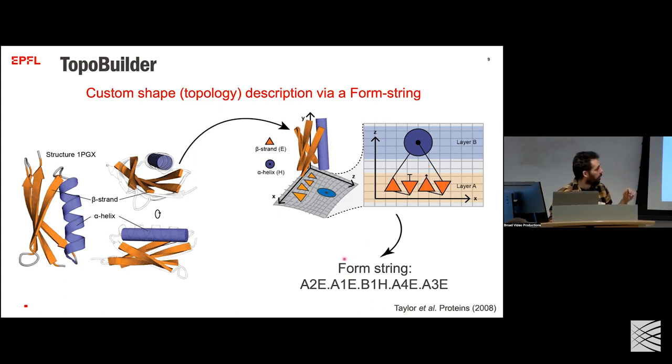Depending on what layer you are in, you put that letter into your string, and then it tells you the order of this element of secondary structure in the construction of your protein, and then the third element tells you if it's a strand or a helix. So with this small set of descriptors, you can build many different proteins, or at least describe their topology.